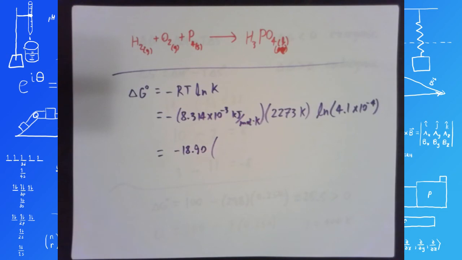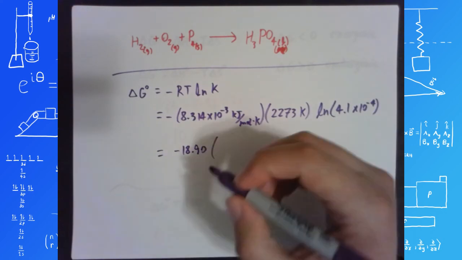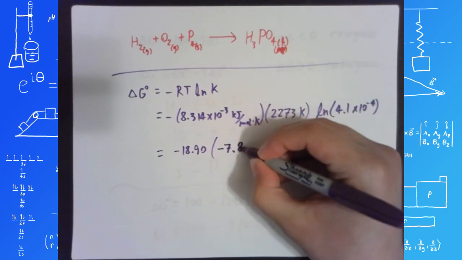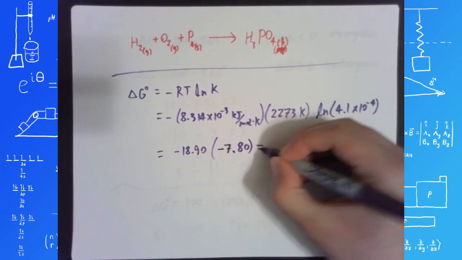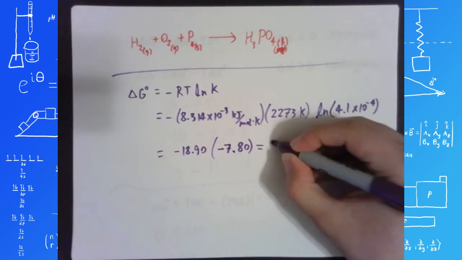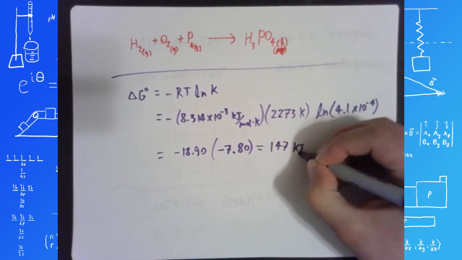So that's natural log of 4.1 times 10 to the negative 4, which is, let's see, 2 sig figs, 2 decimal places, negative 7.80. And multiply those and that'll give us 3 sig figs. So 18.90 times 7.80 is 147 kilojoules per mole.